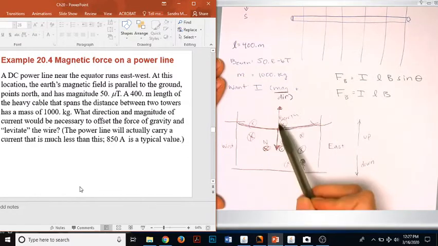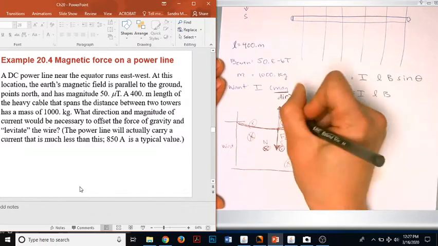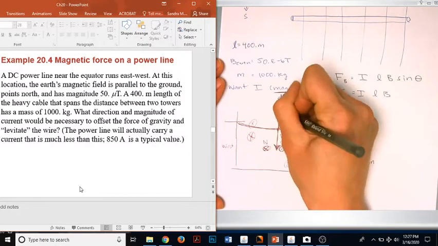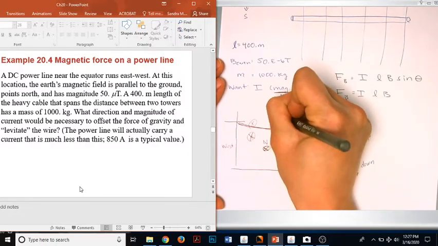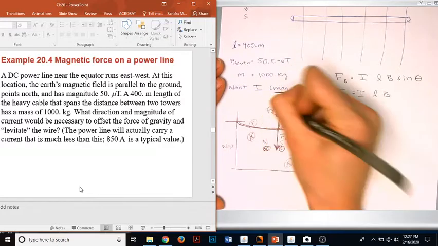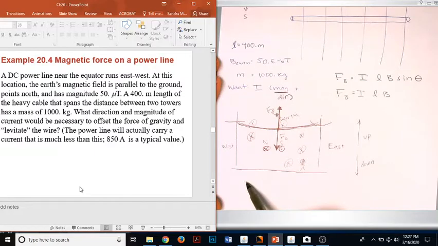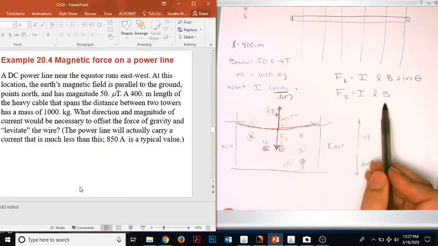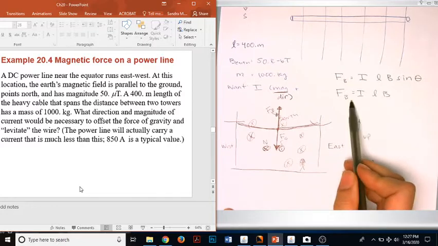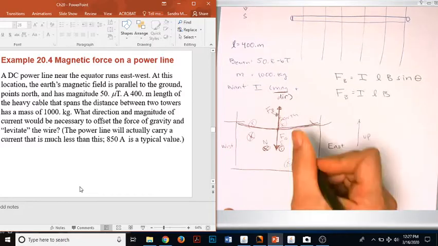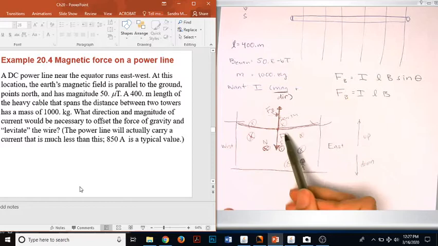That's the physical mechanism for how we're going to try to get this wire to levitate. So we're going to have the force of gravity that points down and a magnetic force that points up. So the magnitude of that force must be something that is equal and opposite to the weight or the force of gravity on the wire.